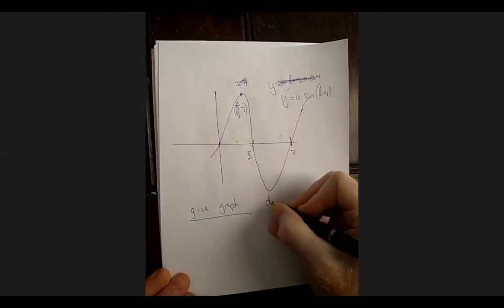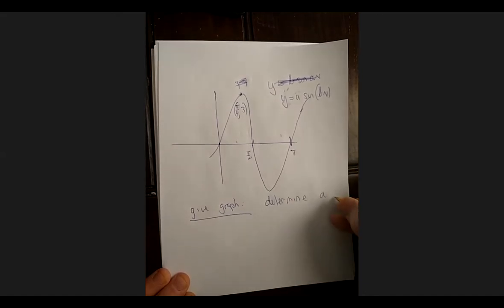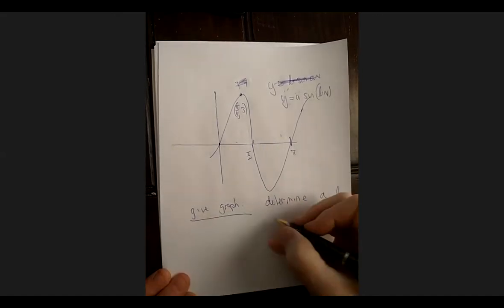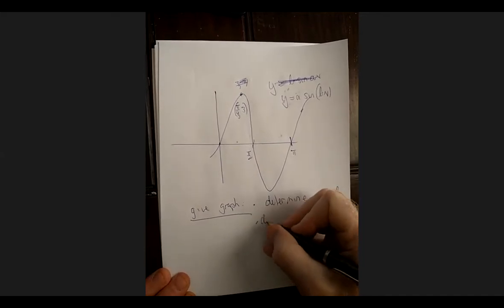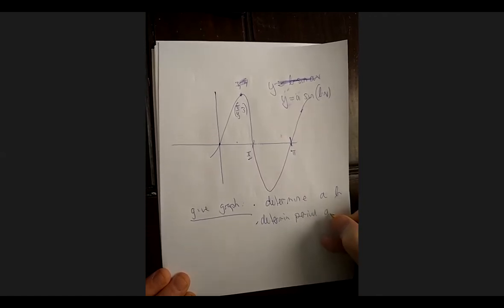Okay, so the question could be, given the graph, determine A and B. Or I could say determine the period and the amplitude.